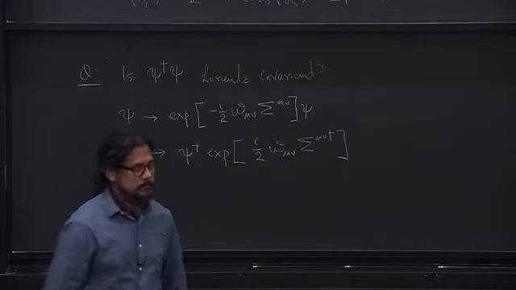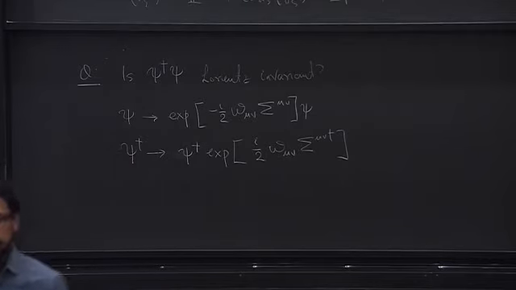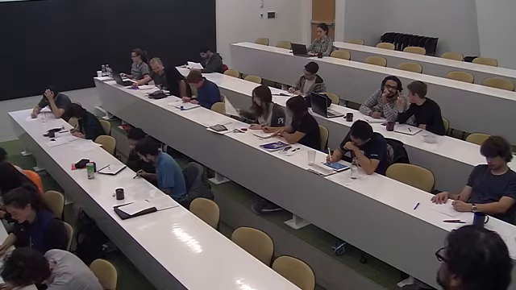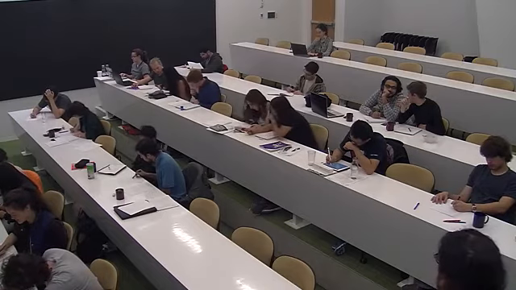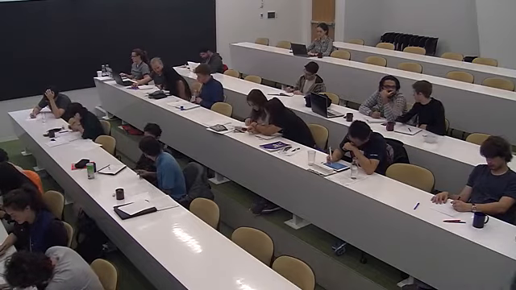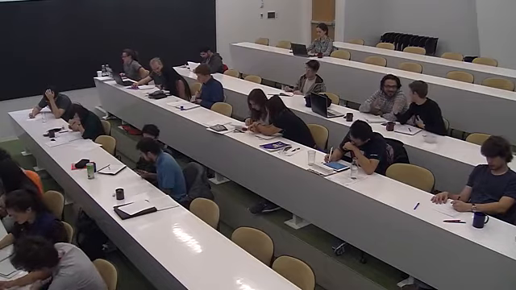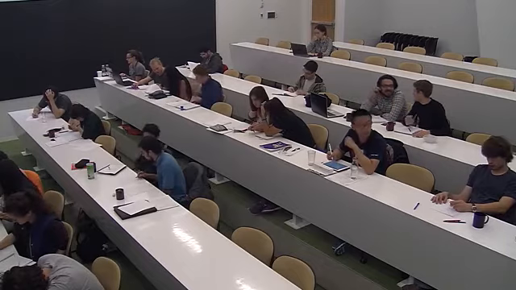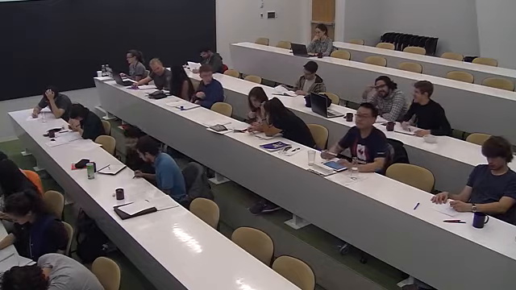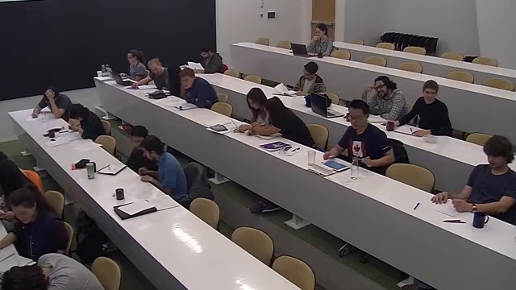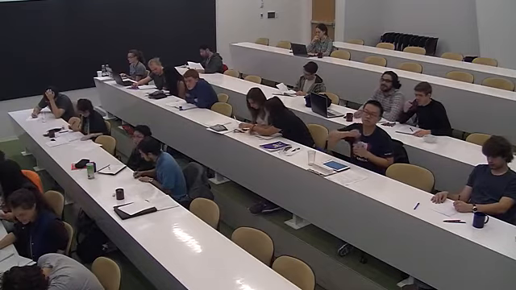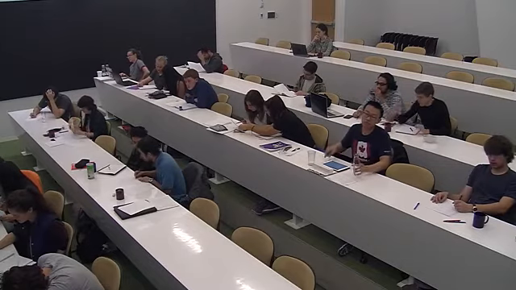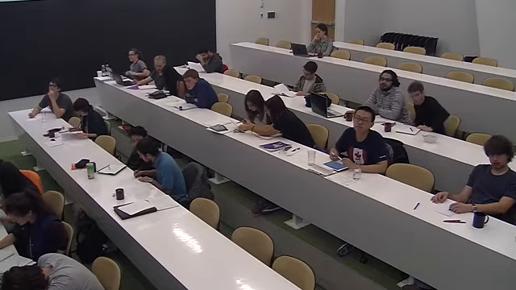Transform like this. So these are the same matrices, so you can put them in the same exponent, and then you will have something like this. What do you think? Well, we want this to be 0. So we would need to require this to be Hermitian. Great. Do you think psi dagger psi is Lorentz invariant?